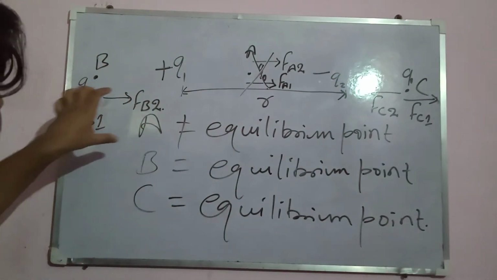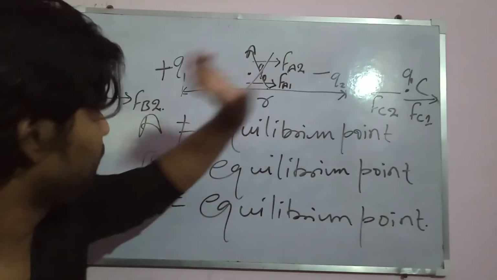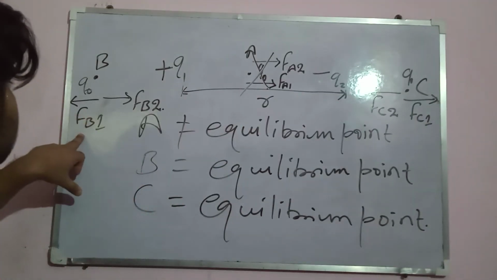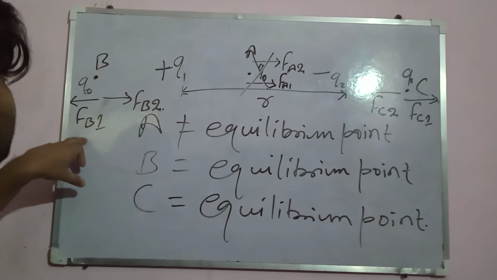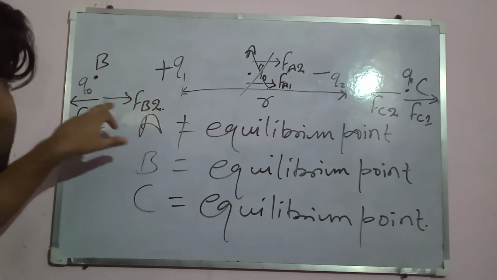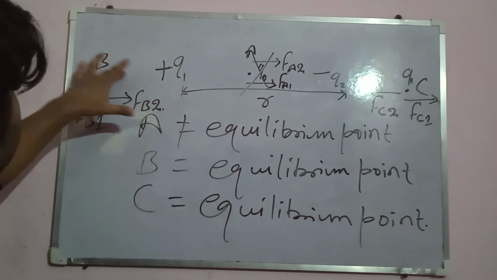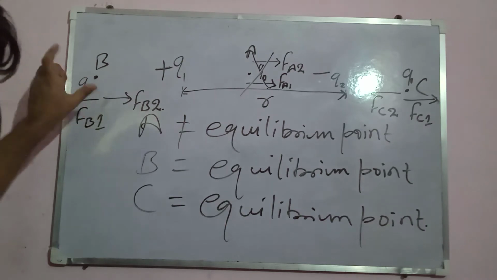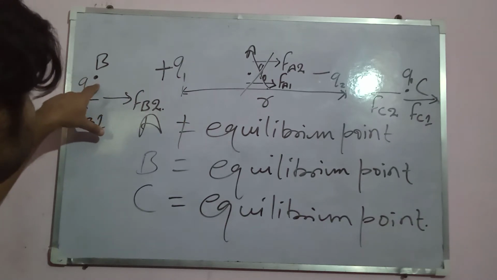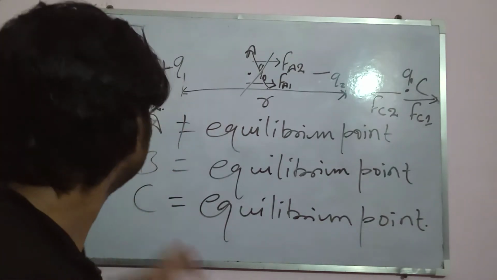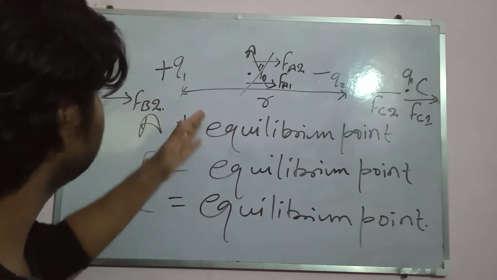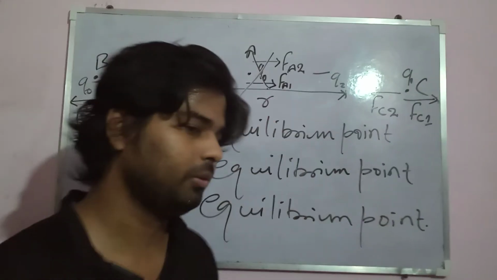So if Q1 is greater than Q2 in magnitude, FB1 is quite greater than FB2, so they do not cancel each other at any point up to infinity. The force will not be zero here, so B will not be an equilibrium point when Q1 is greater than Q2.